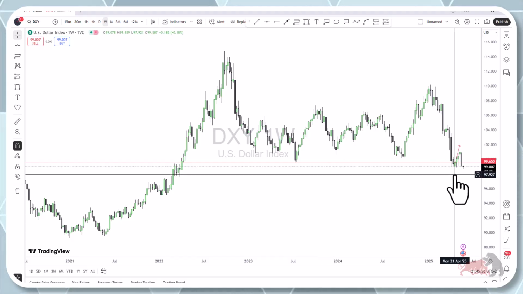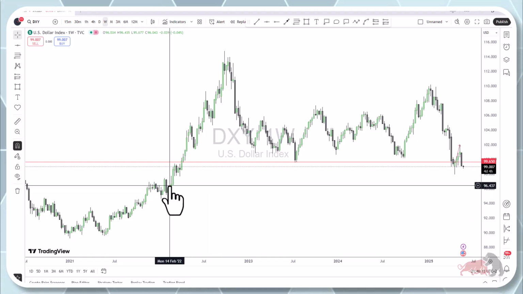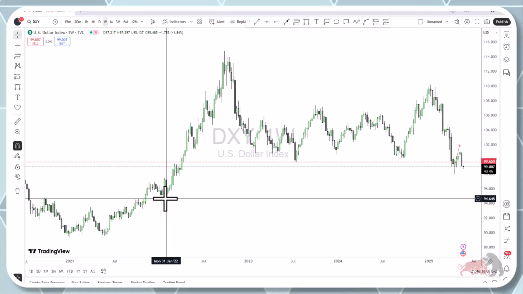The lows of April are your targets right now if you're going to short dollar index. If the 97.80, 97.90 levels crack, potentially you're looking at 96, talking of this level down here, we're looking at 96 followed by 94 down to this side, right?